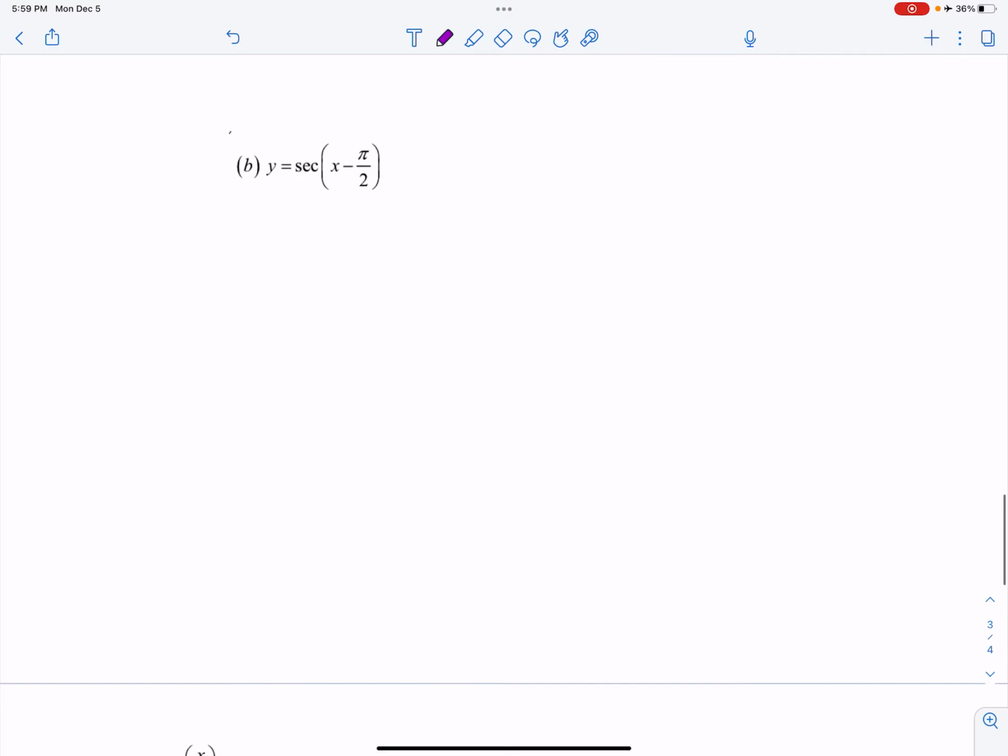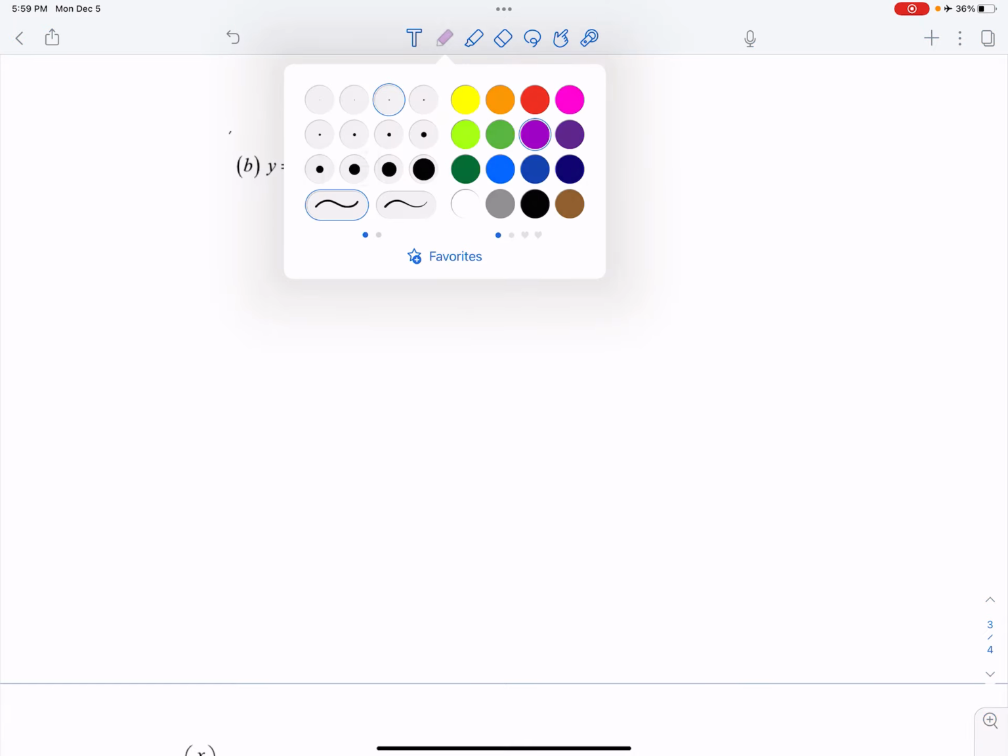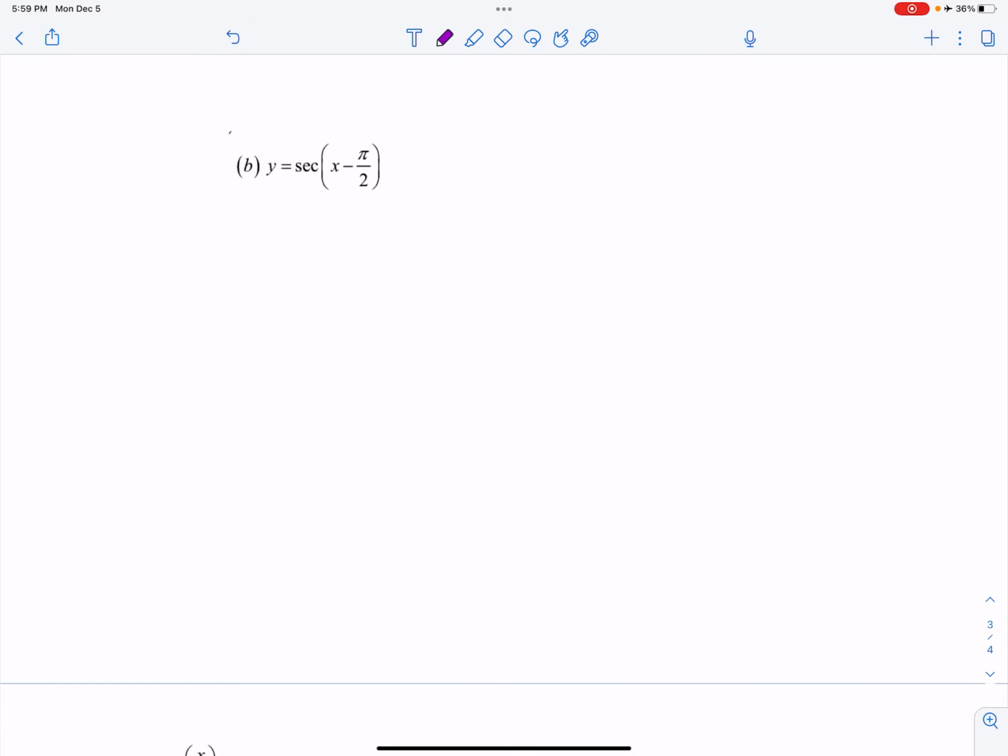Let's do another. Secant of x minus pi over 2. So here we have a horizontal shift happening.